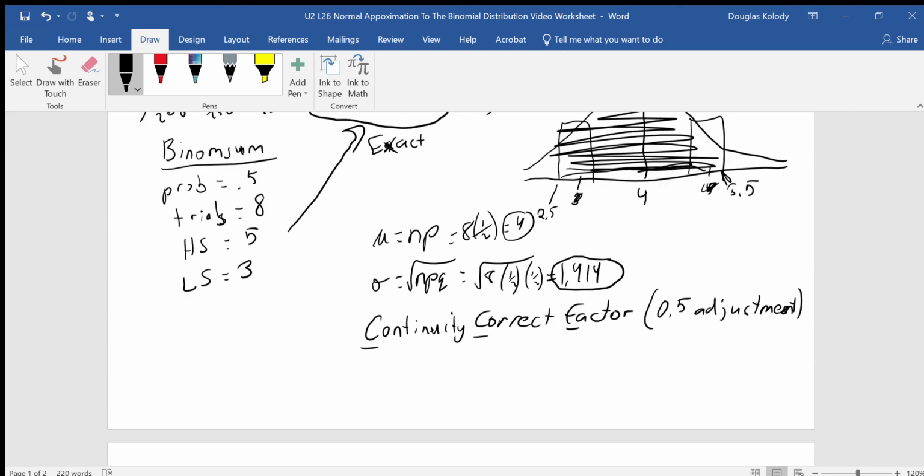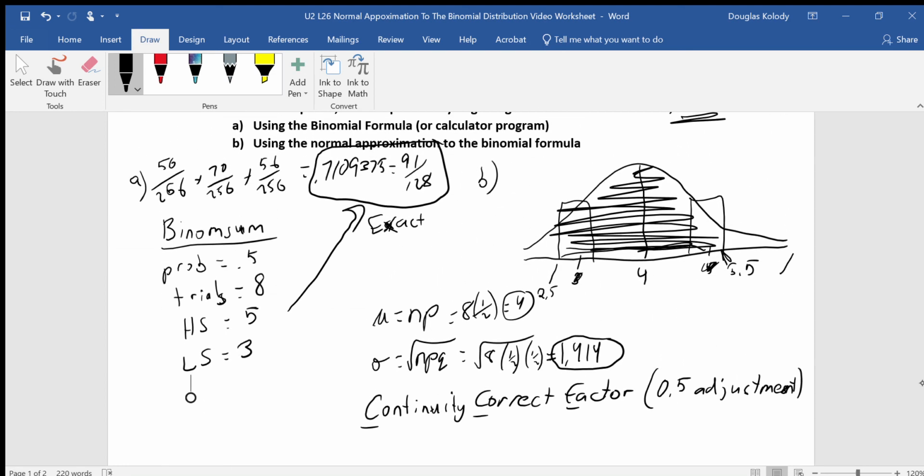Let me scroll back up. These are the raw scores, and I'm going to convert them into z-scores. Okay, so in order to do that, I need to use my z-score formula. Let's get to it. All right, the z-score of the mean is always 0. The z-score of 5.5 is going to be 5.5 minus 4 divided by the standard deviation, which is 1.414.